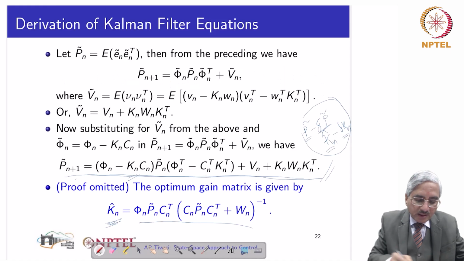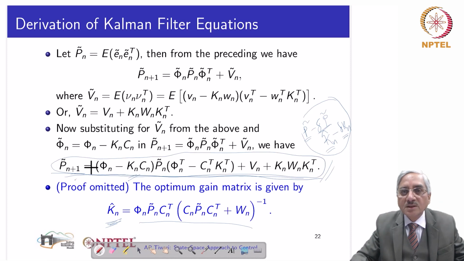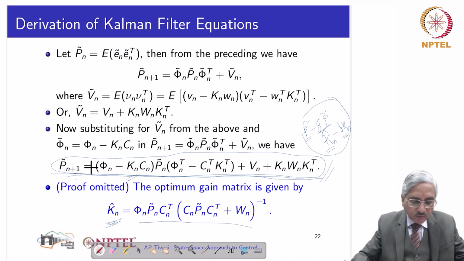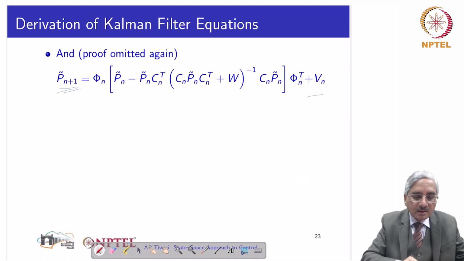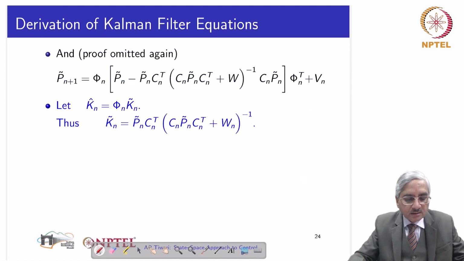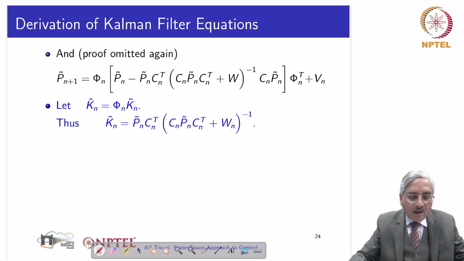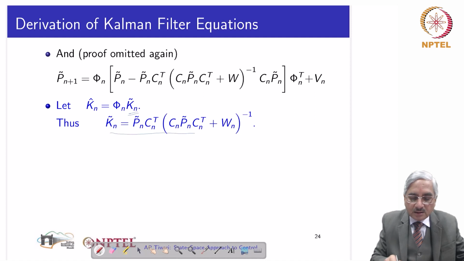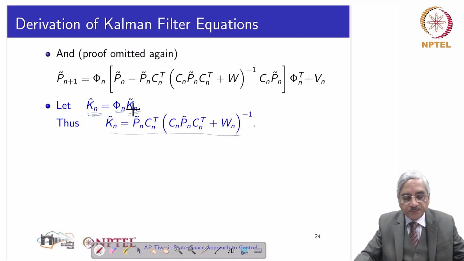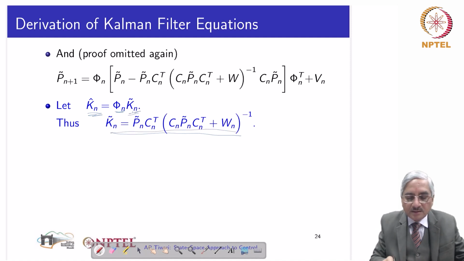So we derive this equation and from this we get one optimal matrix Pn plus 1 and one optimal gain matrix Kn hat like this. So this is that optimal P matrix and that gain matrix. We introduce a Kn tilde as this, and then we find that Kn hat will use phi n into Kn tilde. And this Kn hat we recognize is here.